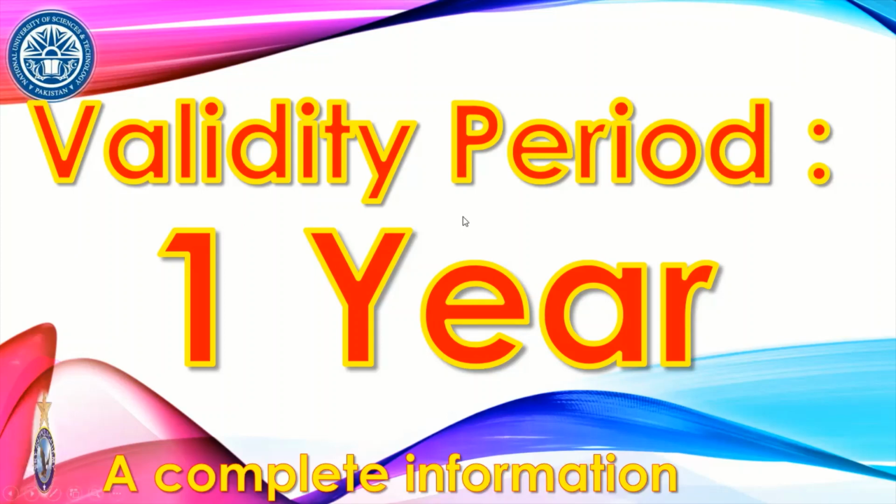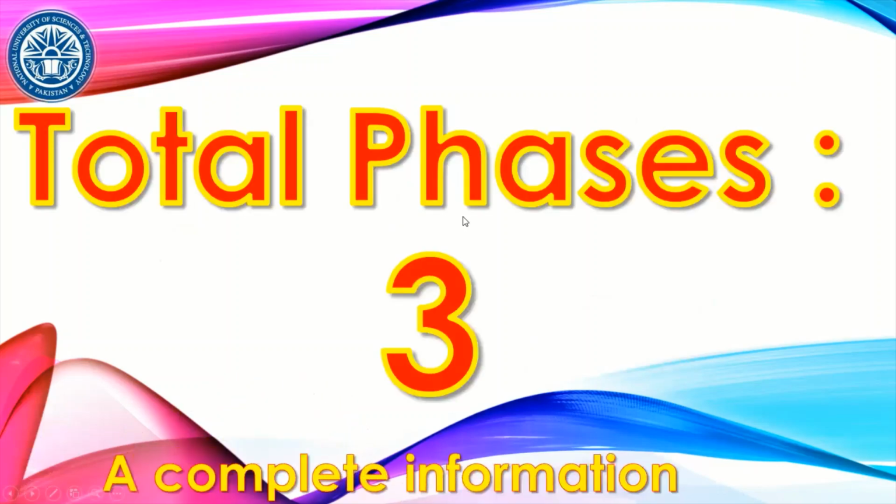So next, these are the basic facts. Total phases: there are 3 phases. NET 1, you can appear in NET 2 and NET 3 for the whole year, and you can submit the best score for the admission for that year in which you are appearing for the 3 phases.